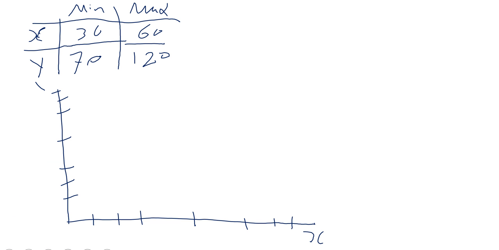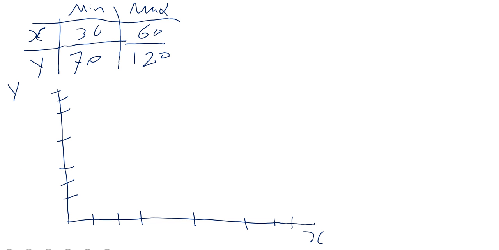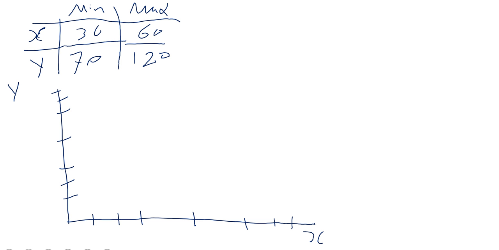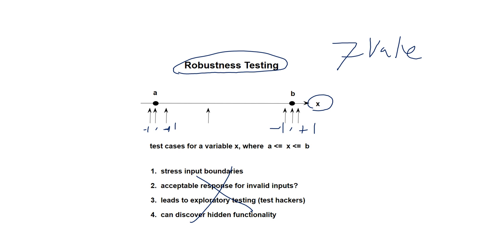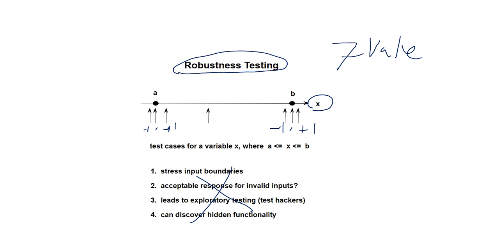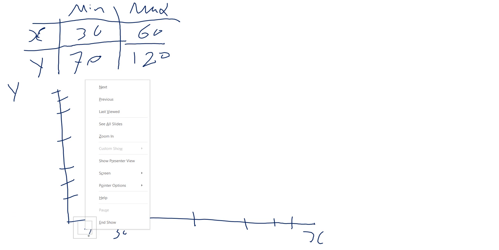Let me erase this. Okay. For x, minimum is 30. Minimum minus 1 is 29.